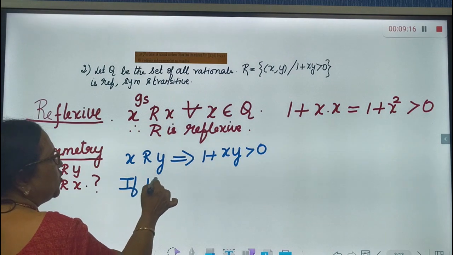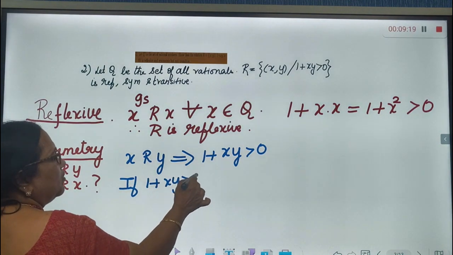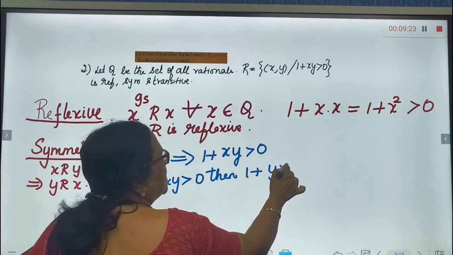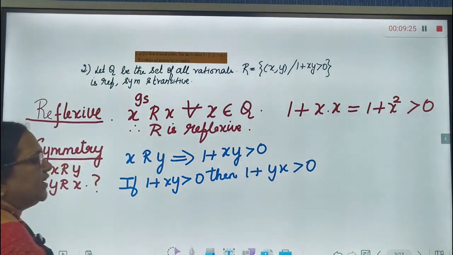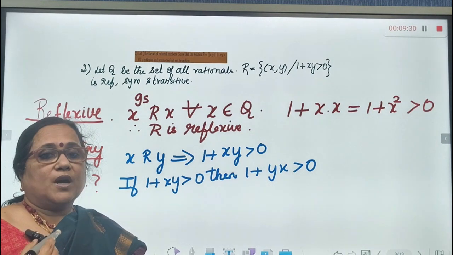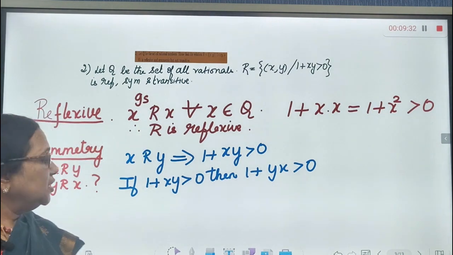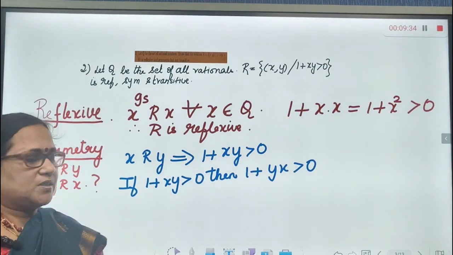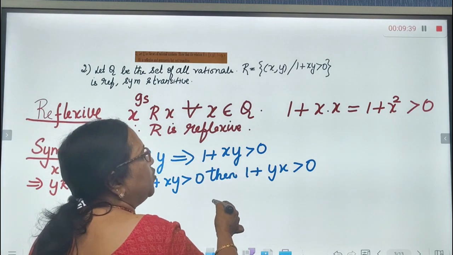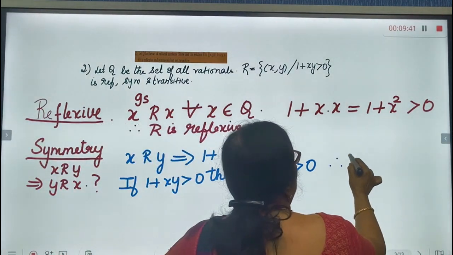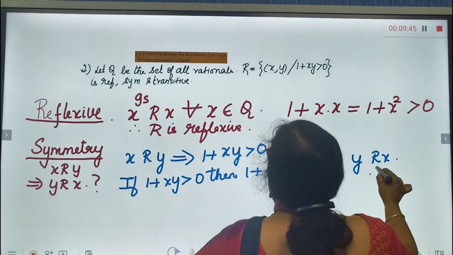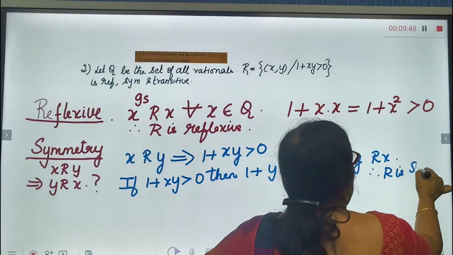If 1 plus xy is greater than 0, then 1 plus yx is greater than 0, because we are dealing with rational numbers and rational numbers are commutative when it comes to multiplication. So xy is the same as yx. So if 1 plus xy is greater than 0, then 1 plus yx is greater than 0. Therefore, y is related to x. Therefore, R is symmetric.